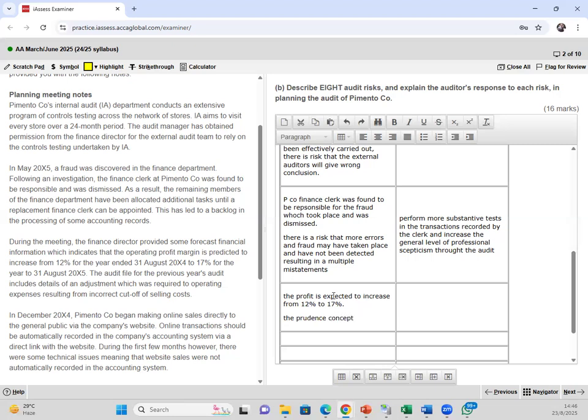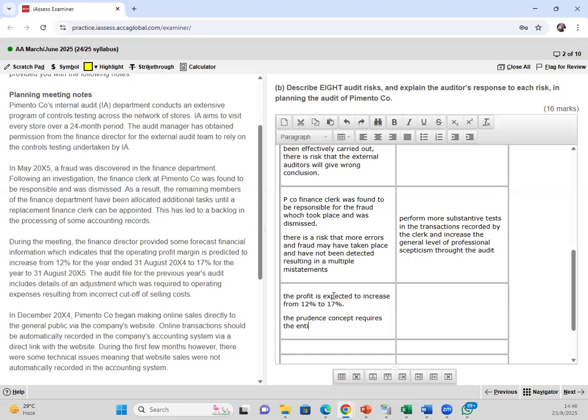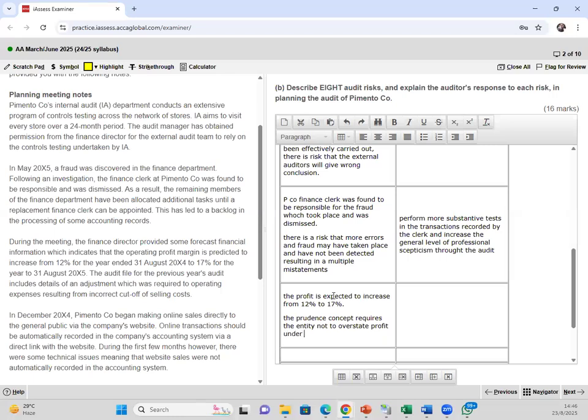The prudence concept requires the entity not to overstate profit under conditions of uncertainty.